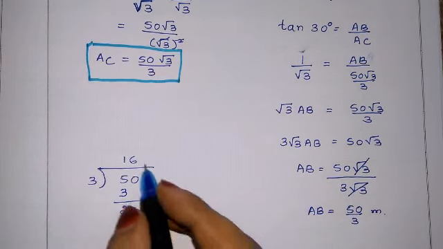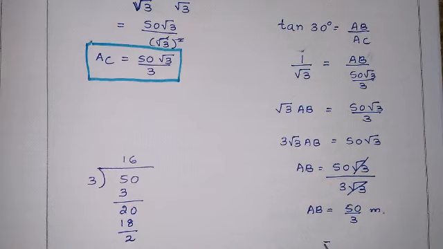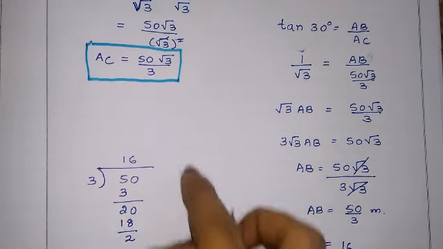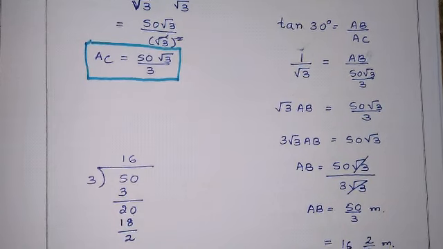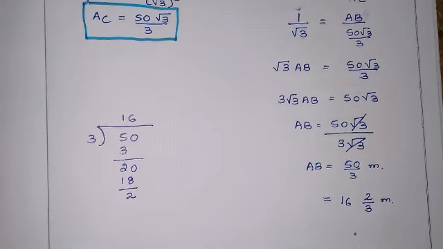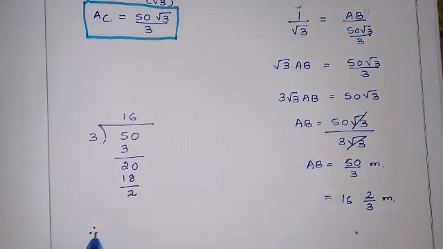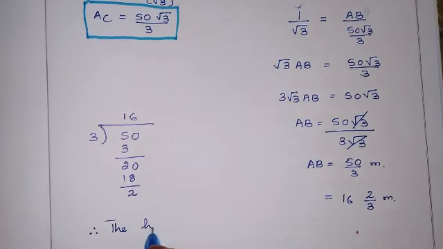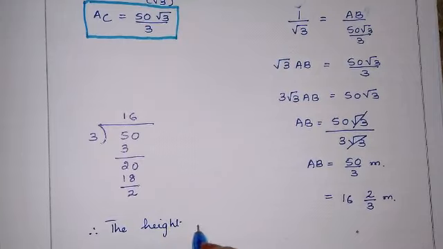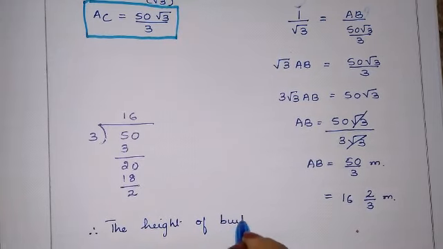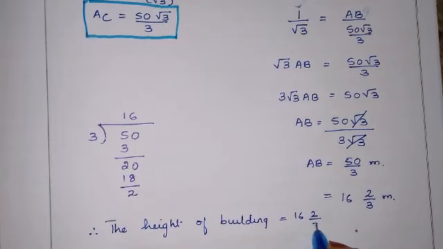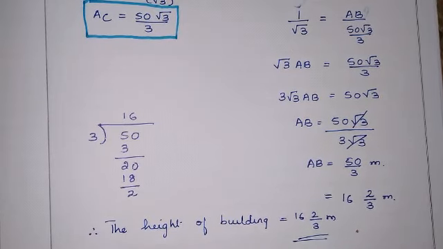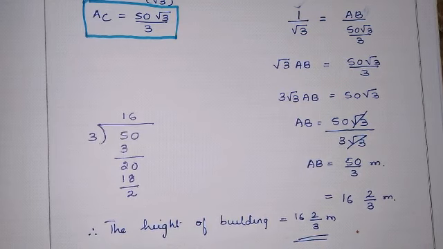So they have given it in a fraction form. 16 will come to the side, 2 will go up and 3 will be in the denominator. This is the height they have given, 16 2 by 3 meter. Therefore, the height of the building is 16 2 by 3 meter. This is the answer. Okay, let us see the next question now.